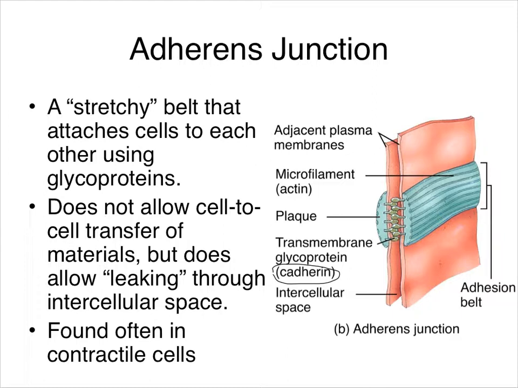So in tight junctions, we had one protein that went all the way across, like a staple or a rivet, and connected the cells together like that. Here we have something that just sticks out, and then you have teeth that catch against each other, but they could theoretically be pulled apart.